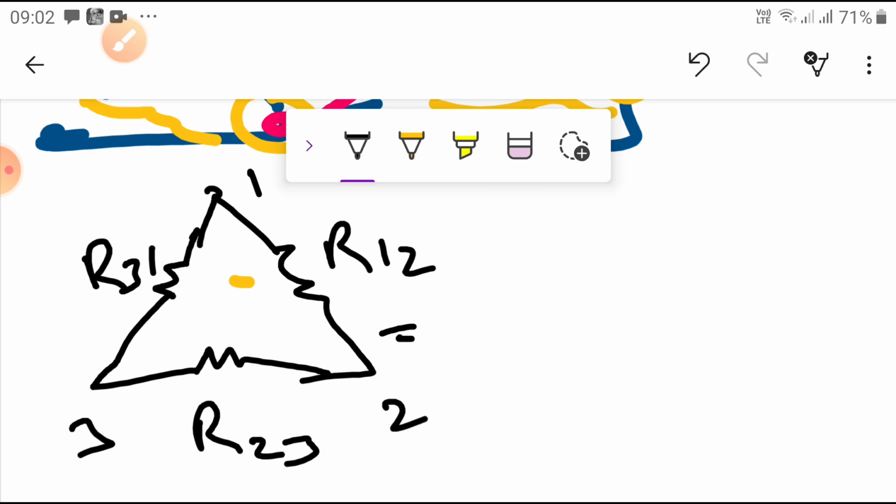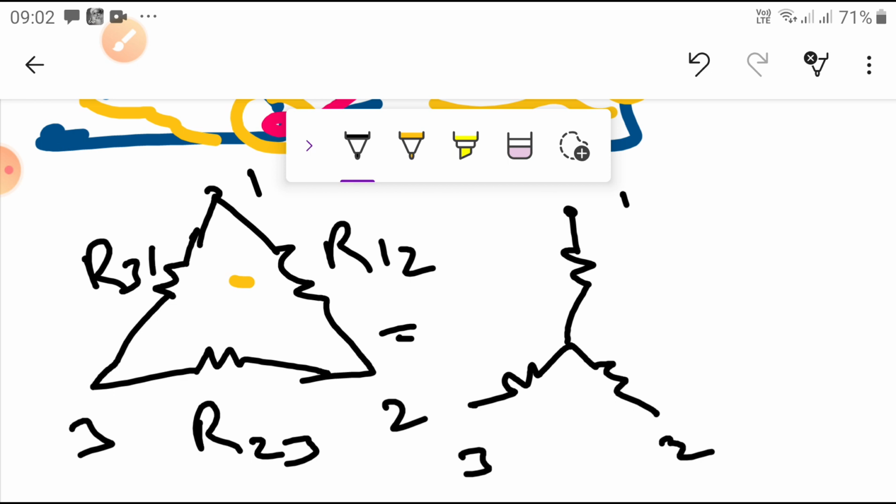Then I am going to convert to the equivalent star values. I require the star connection values. That means we are going to find the delta to star conversion across 1, 2, 3.